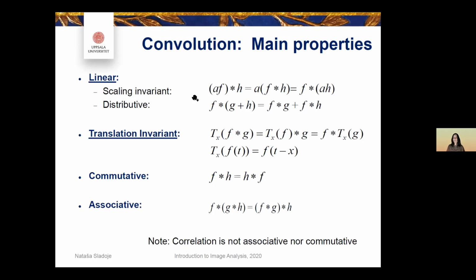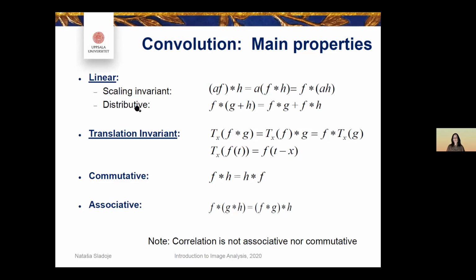We will have the same result if, when convolving the function with some convolutional kernel, we take a multiple of the function and then perform convolution by the kernel. We can equally well first convolve and then multiply with the scalar afterwards, or we can take the scalar and multiply with the kernel before applying convolution. The result will stay the same.